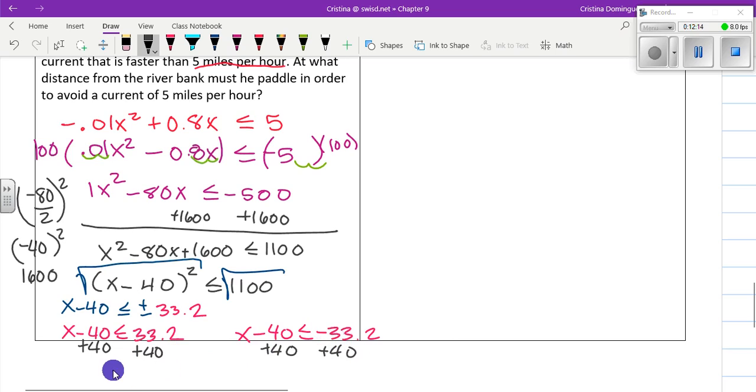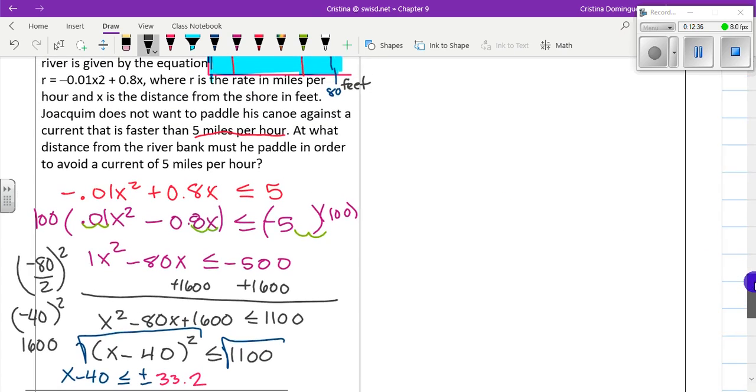And x will be less than or equal to 73.2. And this other one, x is going to be less than or equal to, let's see, almost 7. It's like 6.8.